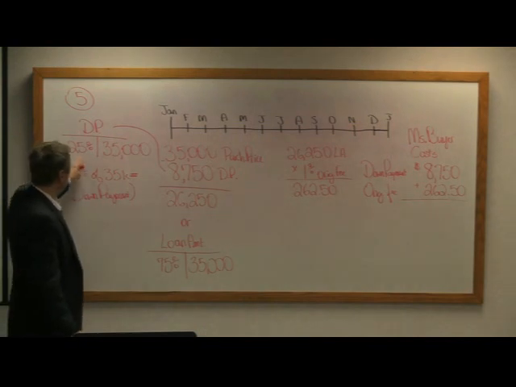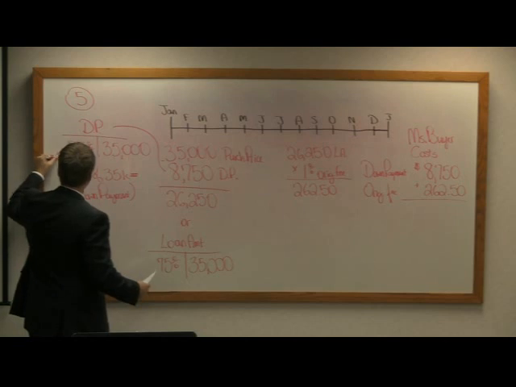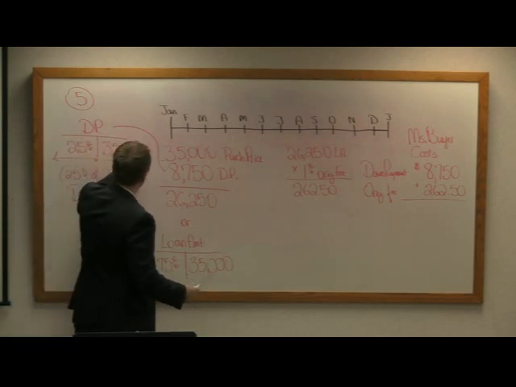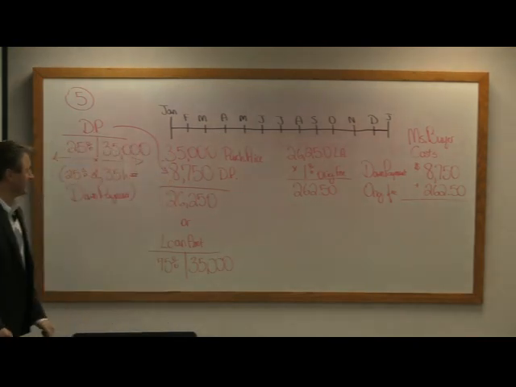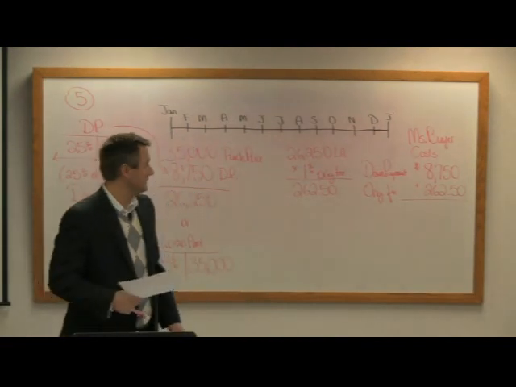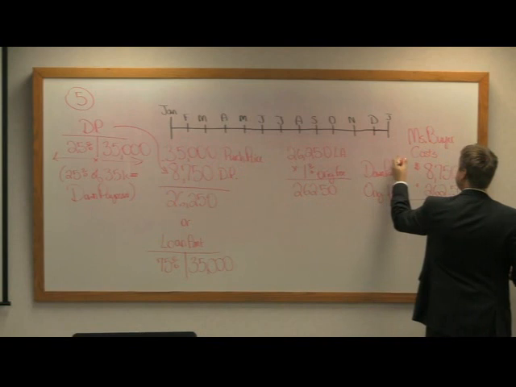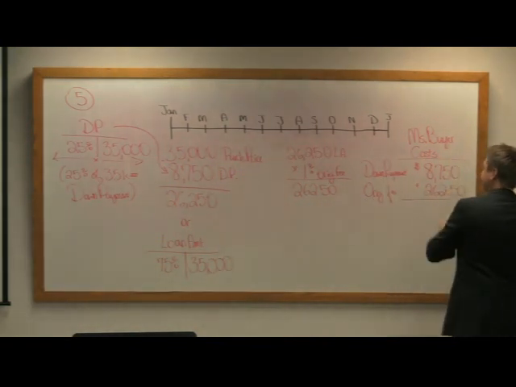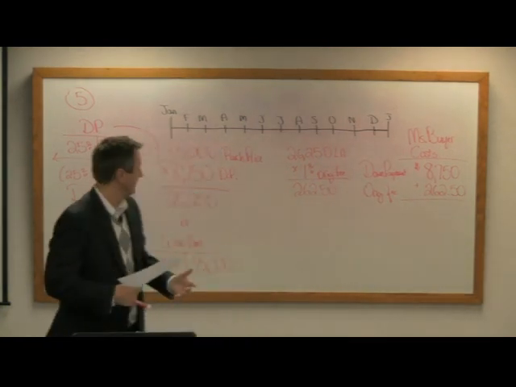So when I take the 25% times the 35,000, because I'm multiplying when I'm going across, I get 8,750. That's her down payment. So that's one cost, and I wrote that over here. So far, Miss Buyer's costs are 8,750 for a down payment.